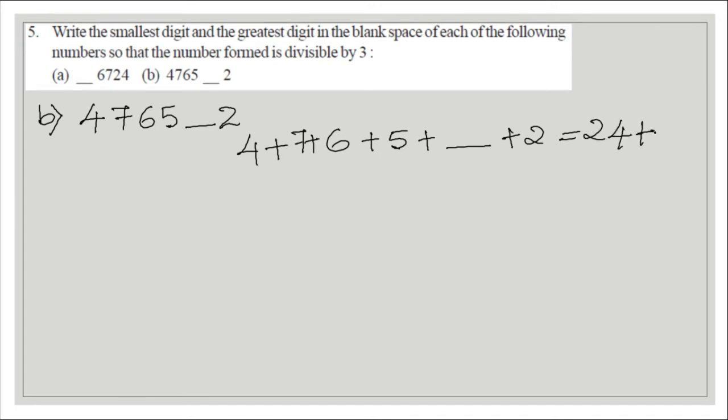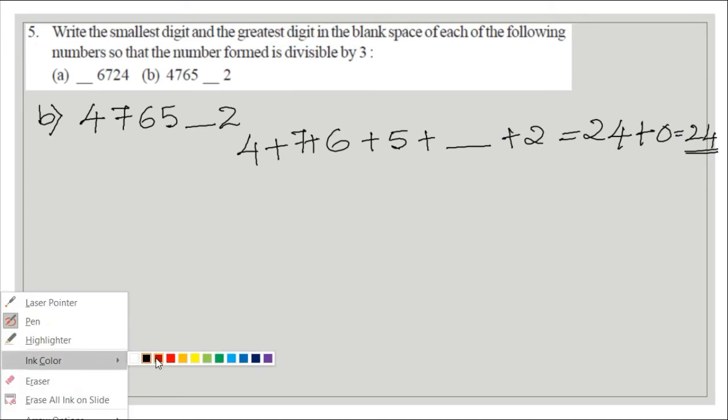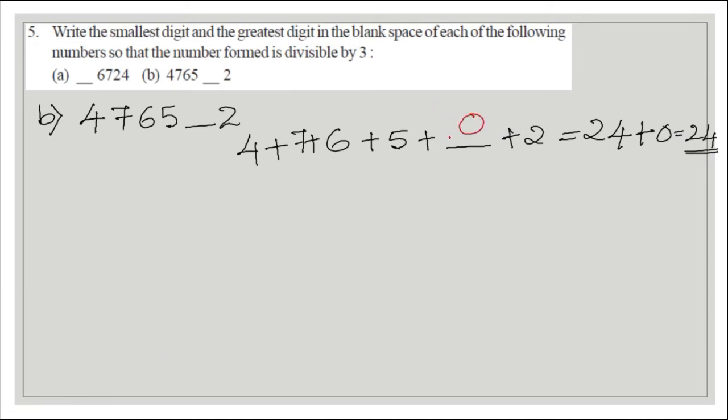Suppose if I consider 24 plus 0, the number obtained, 24, is divisible by 3. So I can choose the digit as 0. Then I'll be getting the smallest digit.